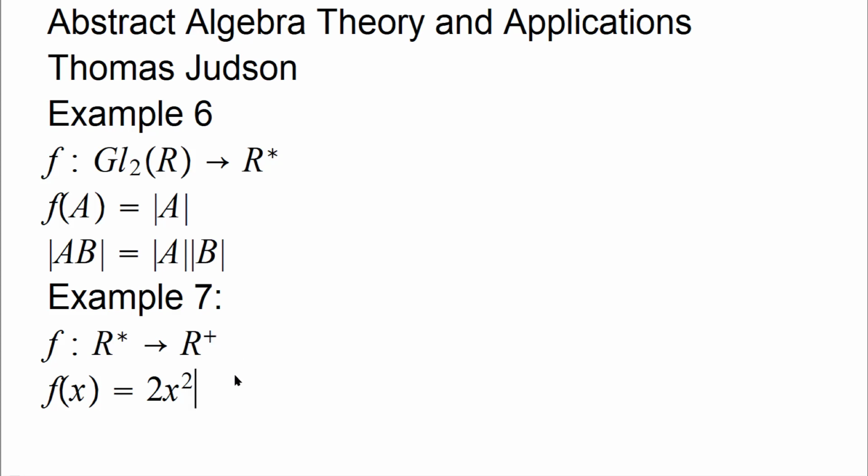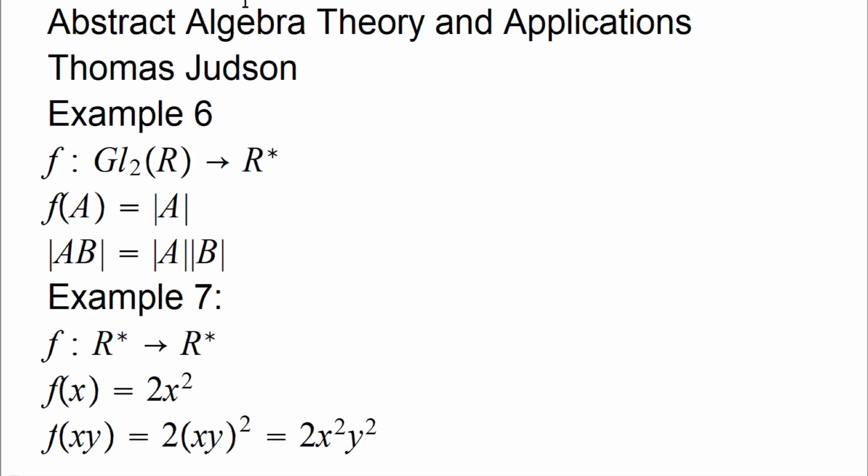I didn't have to, it could even be taken as a map from R star to R star, okay. But the problem here would be this, that f of xy is going to be what? 2 times (xy) squared, right? And so when we write it out, it will be 2x squared and then times y squared. So here, this part is f of x, but this is not f of y, right?